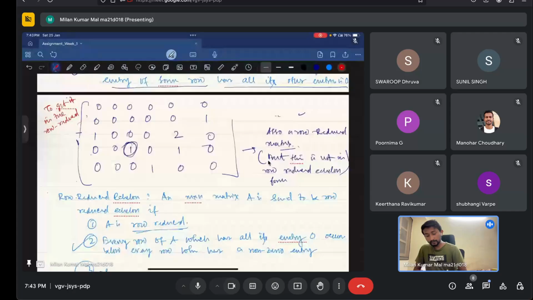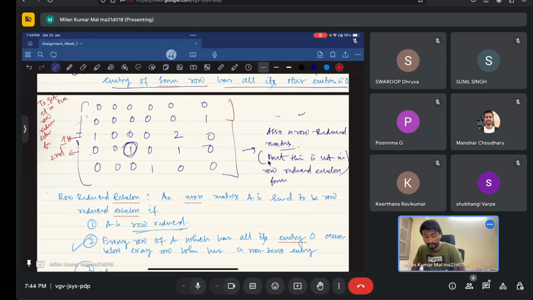To get it in the row reduced echelon form, this fifth row will be the first row, this will be the second row, though the second column is completely 0, that does not affect.